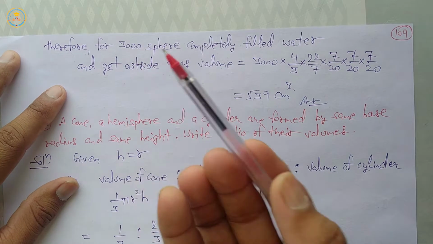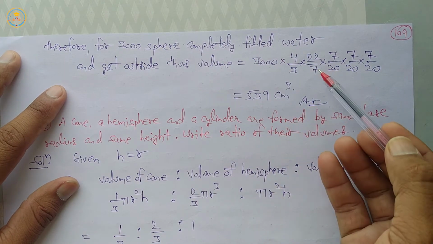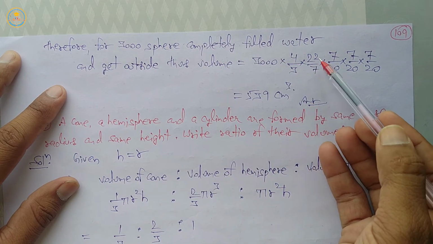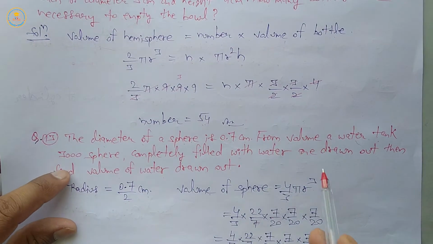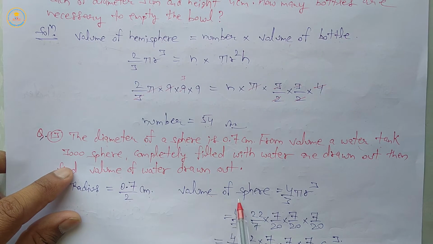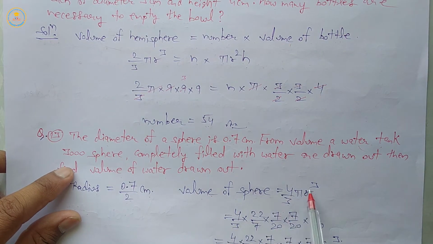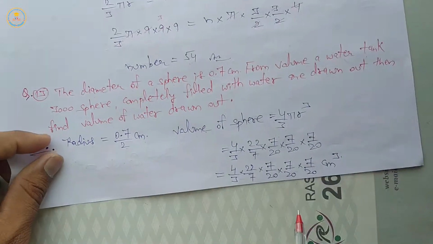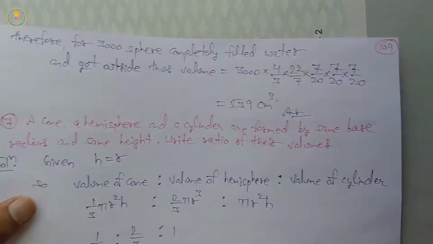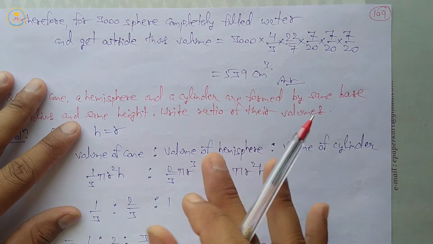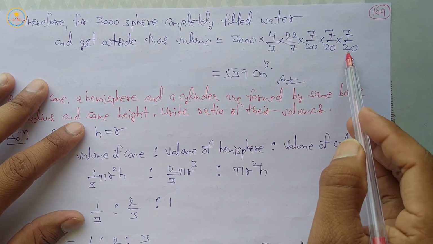Okay, now 3000 multiply by 4 upon 3. 3000 sphere, it means volume of sphere, this one multiply by 3000. 3000 multiply by this one.